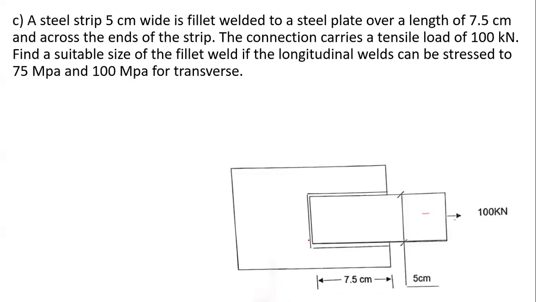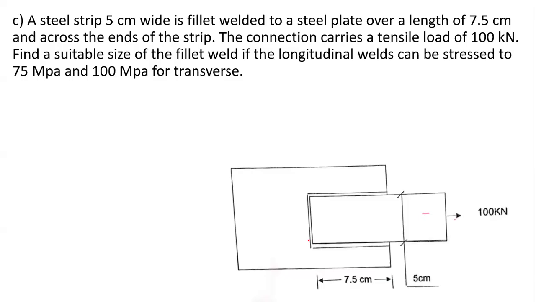Okay, so here we have a steel strip, 5 centimeters wide, fillet welded to a steel plate over a length of 7.5 centimeters across the end of the strip. The tensile load carried by this is 100 kilonewtons, and the longitudinal stress is 70 megapascals.